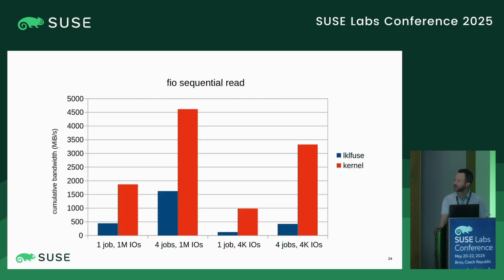and look closer. On the sequential read side, you can see that for the 1 meg IOs, we're sitting at around a third to a quarter of the performance with lklfuse versus the host kernel. And then for the 4K IOs, we obviously drop off quite a bit further.